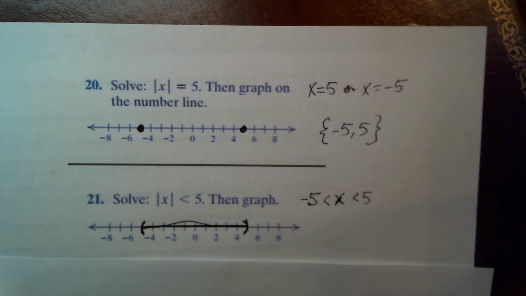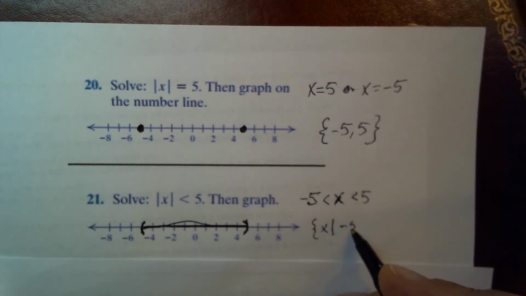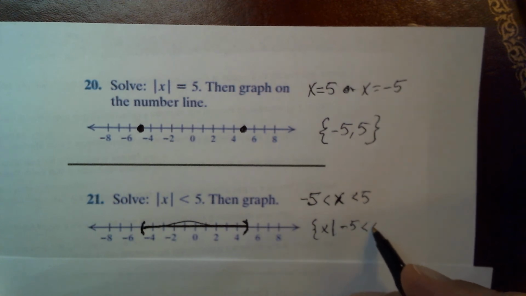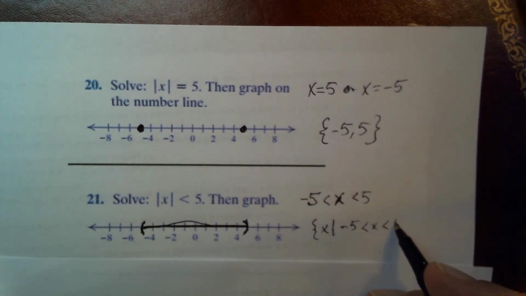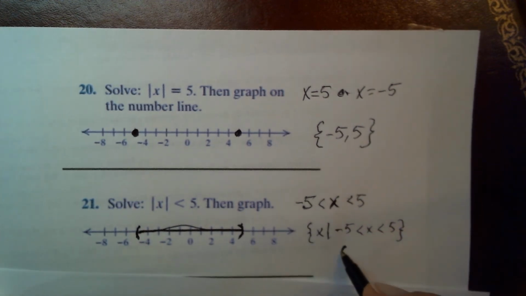And the solution set we can write this way: the set of all x such that x is greater than minus 5 and x is less than 5. And in interval notation, it would be the interval from minus 5 to 5.